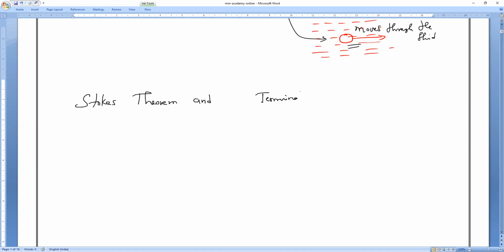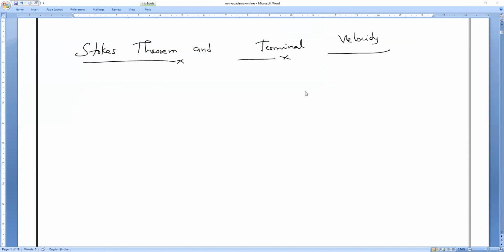What is this terminal velocity? We'll discuss after a few minutes. First we are going to discuss what Stokes theorem is. Remember, this is also a very important concept for JEE Mains and NEET. Even in JEE Advanced, sometimes they'll ask a direct formula based question from this. That much important a topic it is.